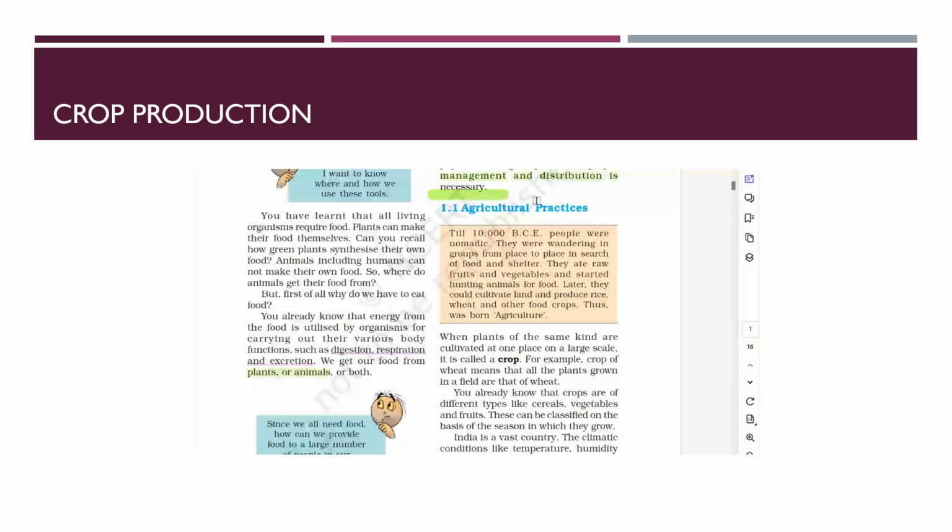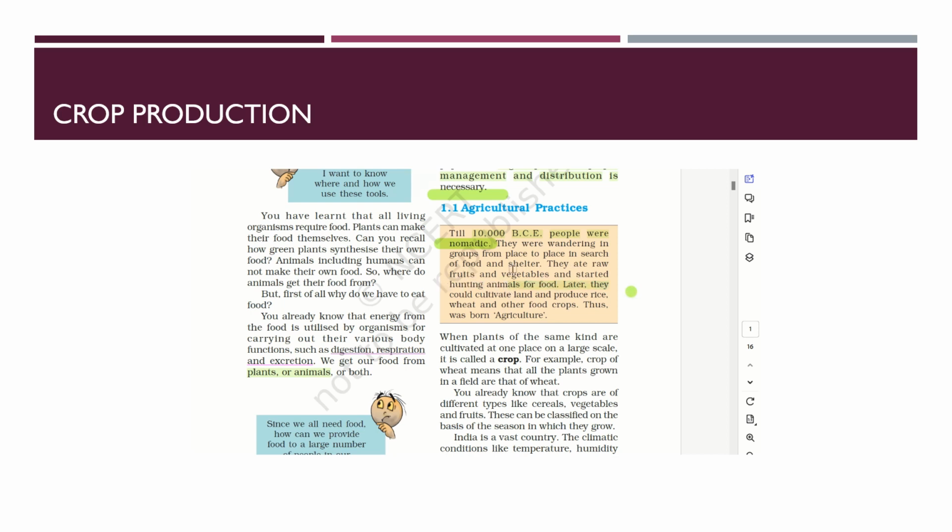Till 10,000 BCE, people were nomadic. What does this term nomadic mean? People used to move from one place to another, and they led a nomadic life. They were wandering in groups from place to place in search of food as well as shelter. They ate raw fruits and vegetables.